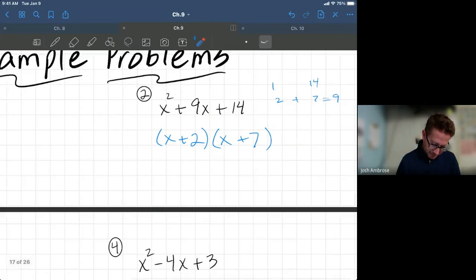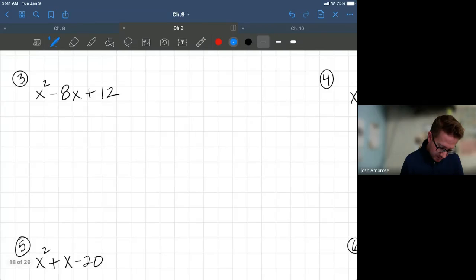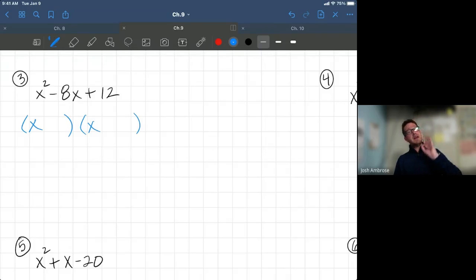Okay. All right. Example problem number 3. Step 1, double set of parentheses. Step 2, x and x. Step 3, now the signs are not plus plus, right? Minus, then plus. Pay close attention.